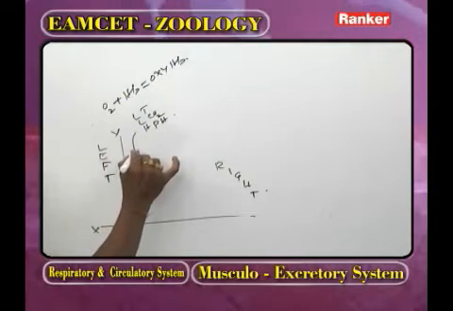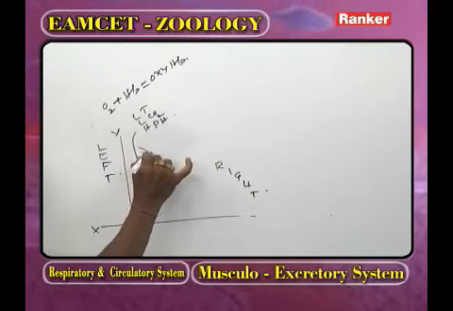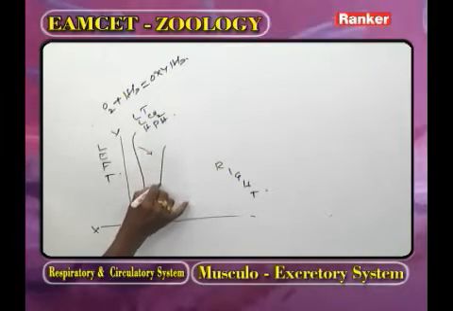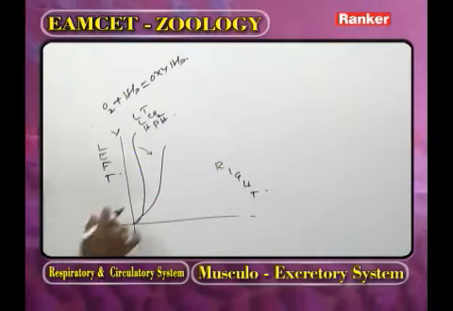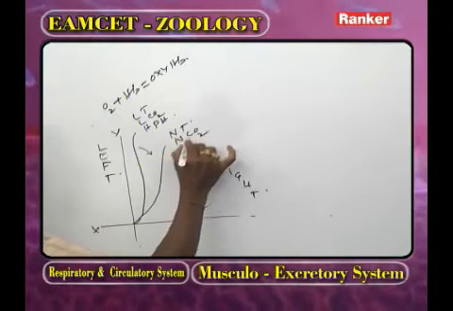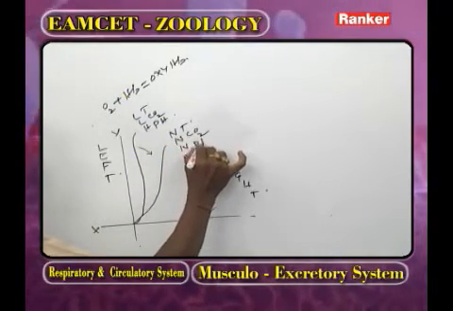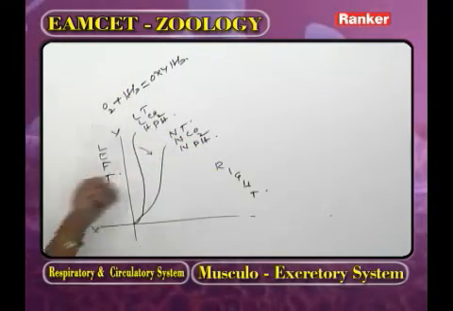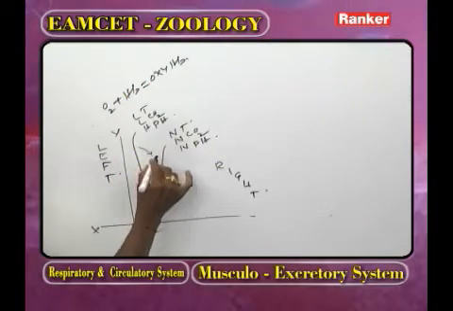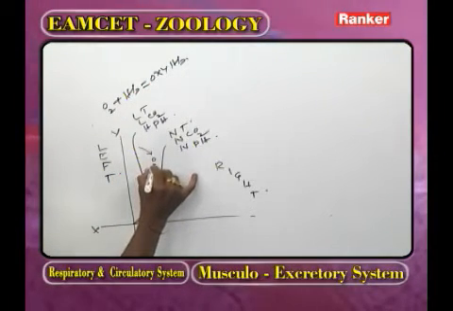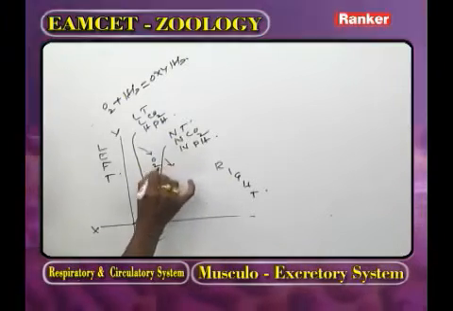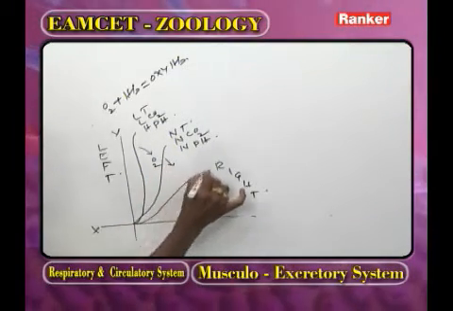Now slowly the curve shifts towards the right side. What are the conditions? The normal temperature, normal carbon dioxide, normal pH. Whenever these conditions are present, slowly from the oxyhemoglobin, what is going to release? Oxygen.